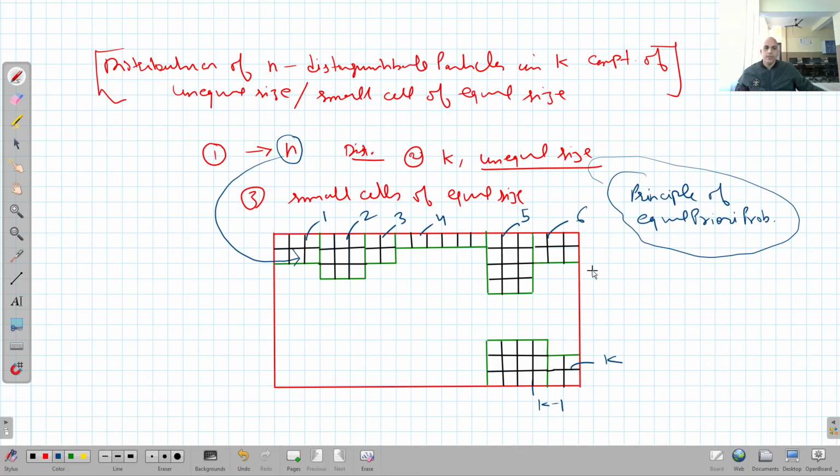What I did was simply divide these different compartments into these small cells. These are the small cells, but one thing is clear that all these small cells are of equal size.